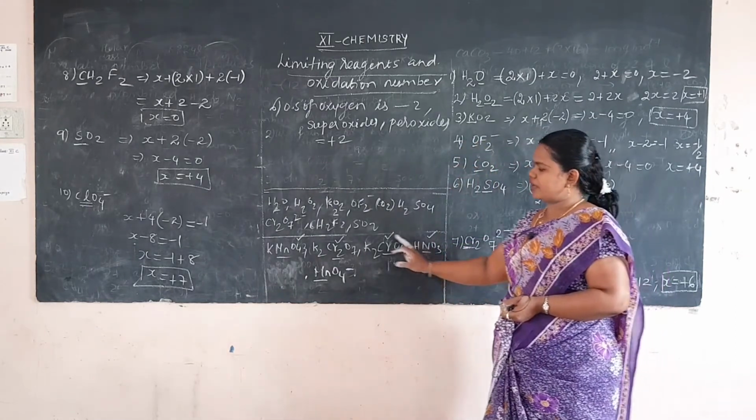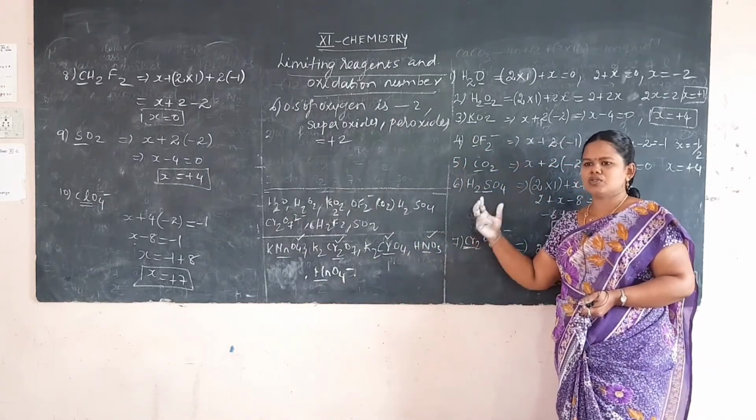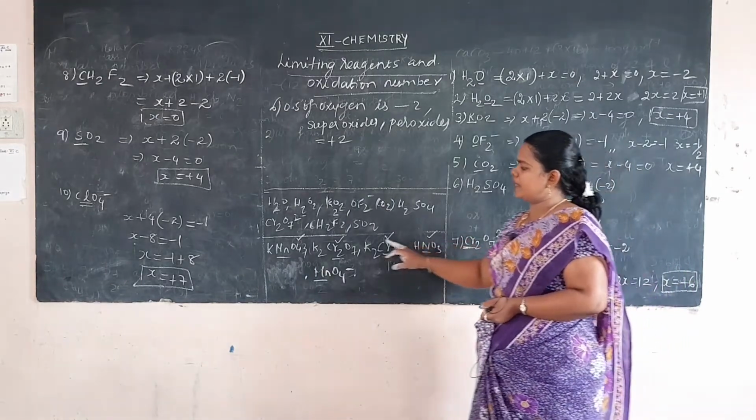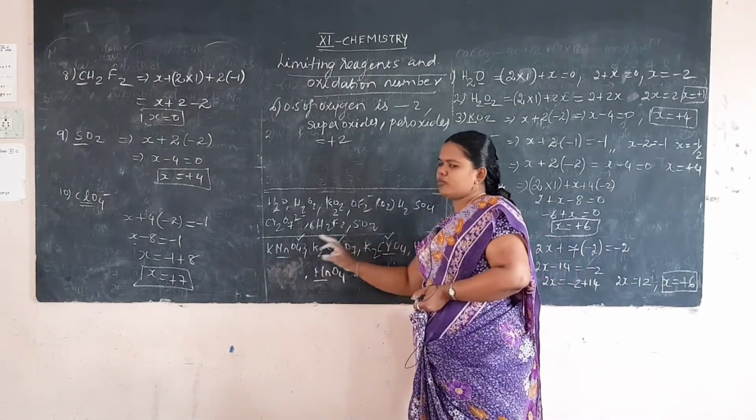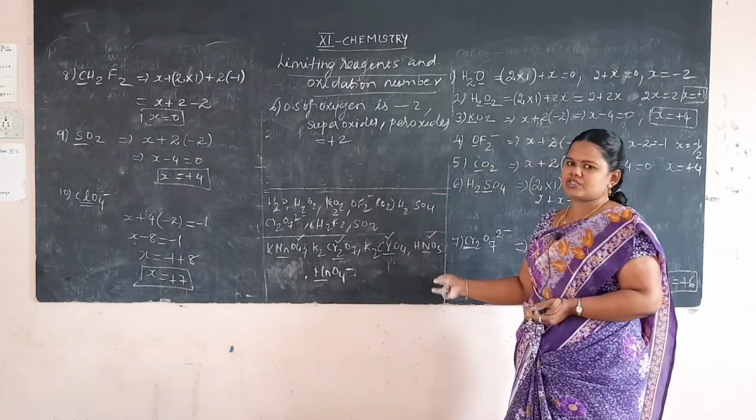Okay, for these 5 compounds you calculate the oxidation number. Okay, so this lesson involves a lot of problems, so you must do all the problems, don't avoid any problem. So these 5 problems you take as homework.